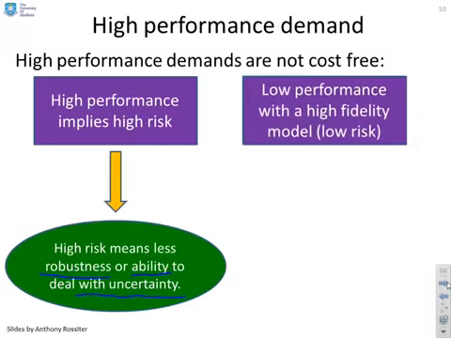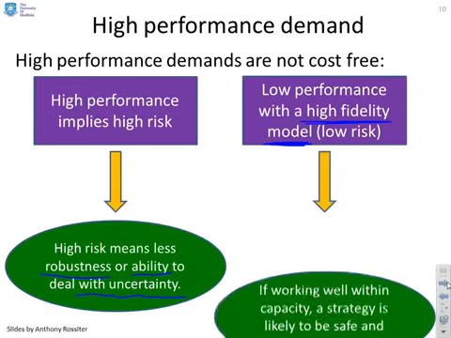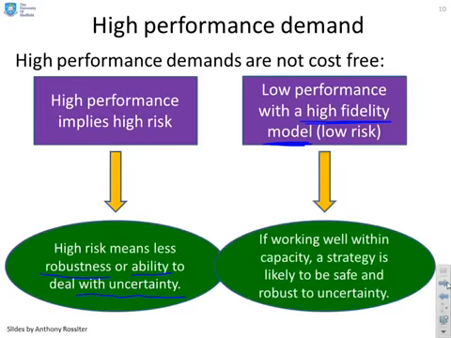If you have a low performance demand, but you have a high fidelity model, then essentially you're in a low risk environment, okay? Because you're working well within your capacity, and therefore your strategy is likely to be safe and robust to uncertainty. So you'll see you have choices. If you want high performance, implicitly you're working with a high risk.